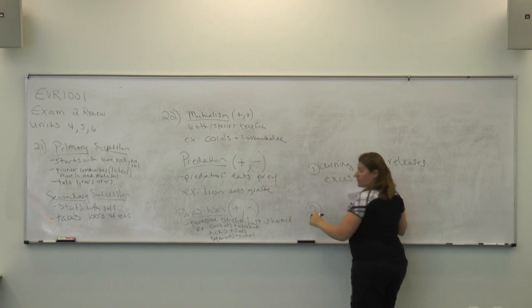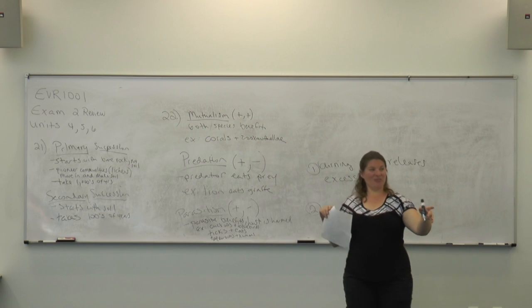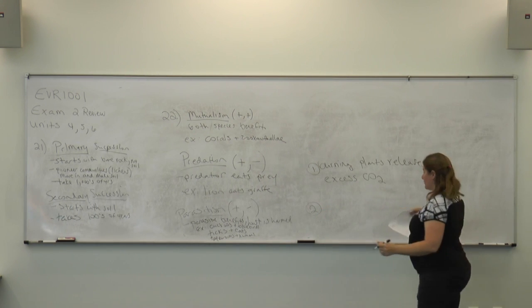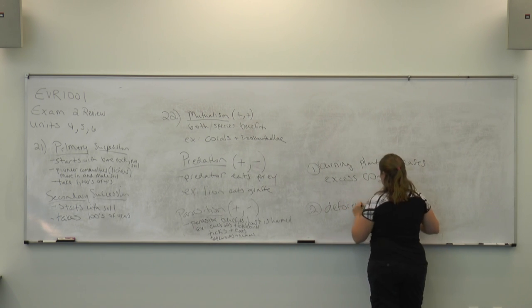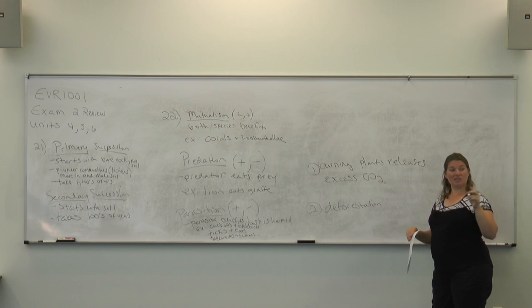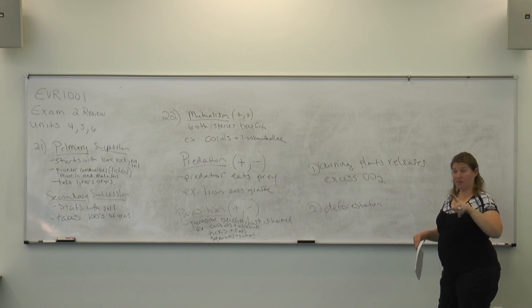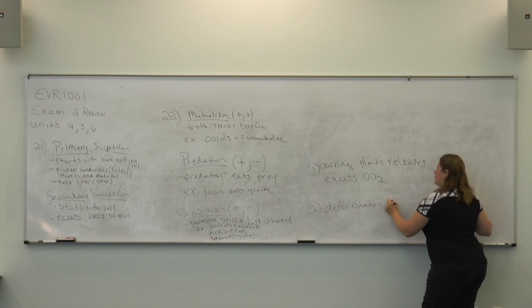What's the other way? You just mentioned it. With the deforestation, so how does that relate? Deforestation reduces the amount of plants that can absorb the carbon dioxide, right? So then CO2 goes up.